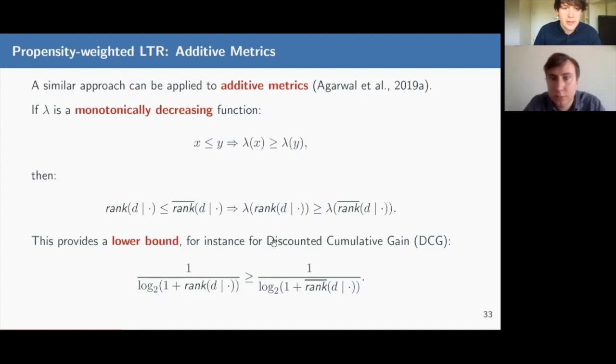So for instance, for DCG, discounted cumulative gain, as it's usually used, we can see 1 divided by log 1 plus the rank is always going to be greater or equal than 1 divided by log 1 plus some upper bound of the rank, something that's equal or greater. So if we're trying to maximize DCG, we can maximize this thing over here because it's differentiable, and we'll indirectly maximize this, the actual DCG, usually at least.